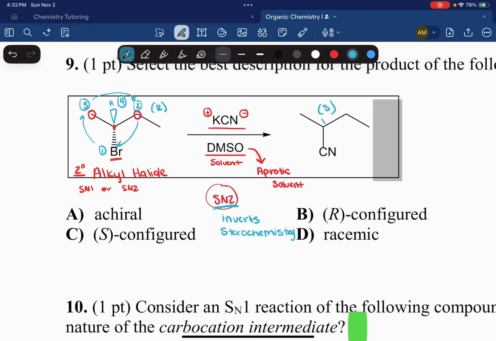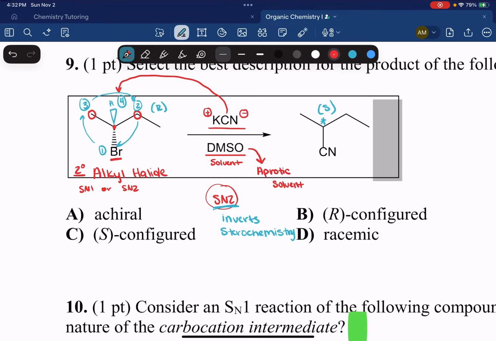But this is still a stereocenter, so that means it has to have an orientation. So it did a backside attack as far as like this did, right? It did a backside attack. And it inverted our stereochemistry. So we're now S configured.